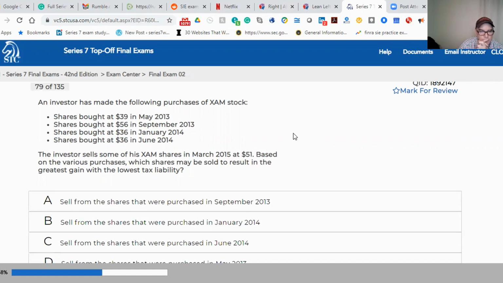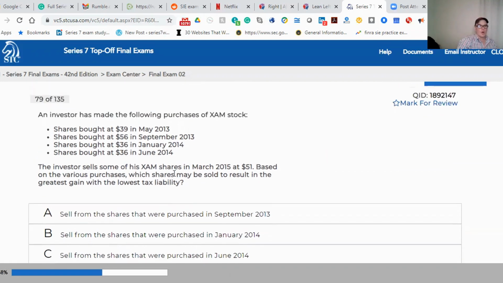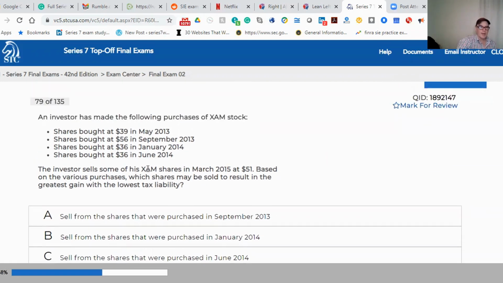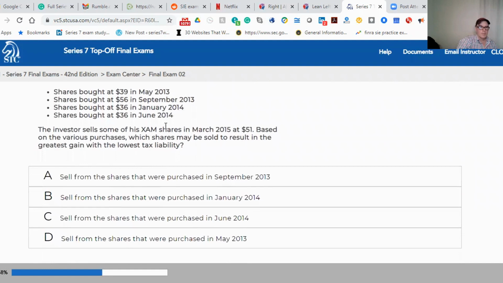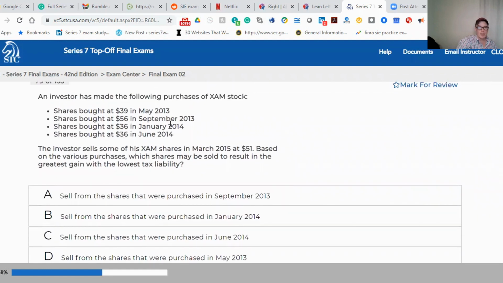Okay. And sold them at what price? If we sell the 56 shares, well, we're losing money. And actually, you can do the C also, because that's over a year since he sold them in March. So I'm going to go with maybe the shares I bought in January of 2014. It's long, but I'm also buying it at 36. If I buy them at 39, I make 11, 12.